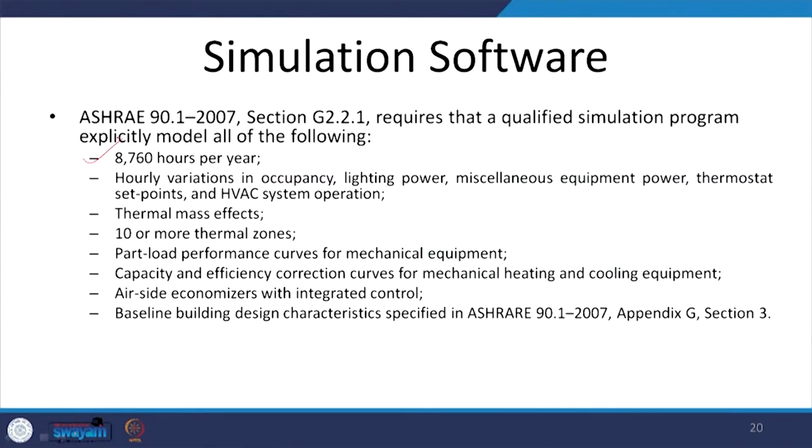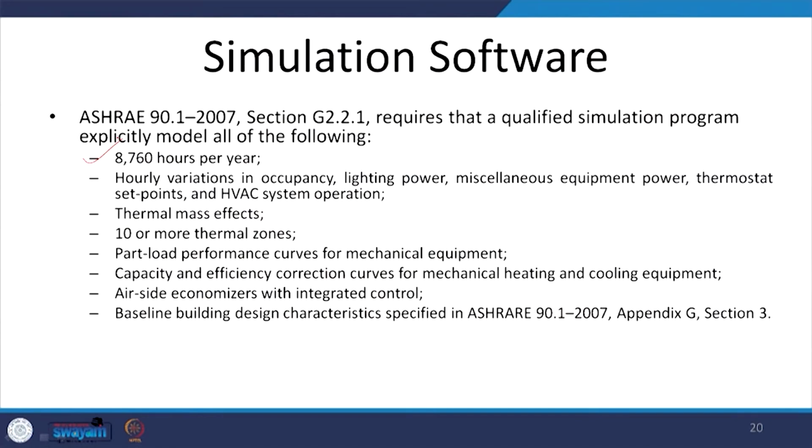So, to model this base case and proposed case, we have to use a simulation software for which the qualification criteria is also standardized as per ASHRAE 90.1. So, the simulation program which qualifies as per ASHRAE 90.1 should meet all these requirements. One, it should be able to model the computerized model for an entire year on an hourly basis.